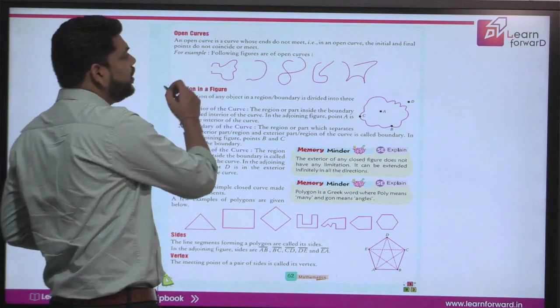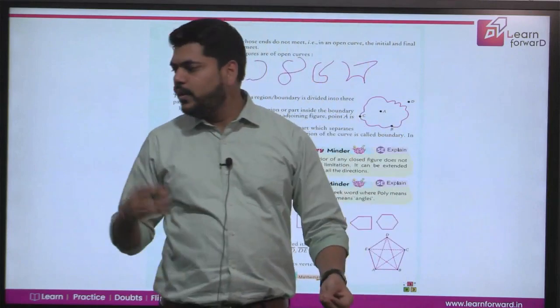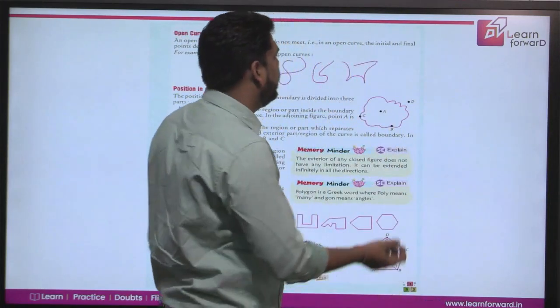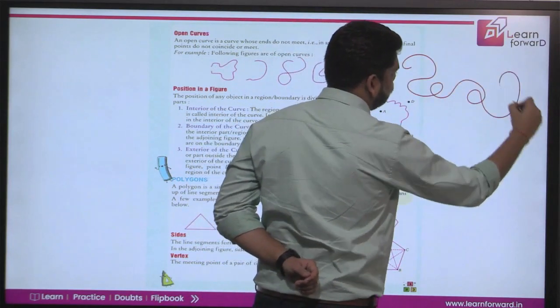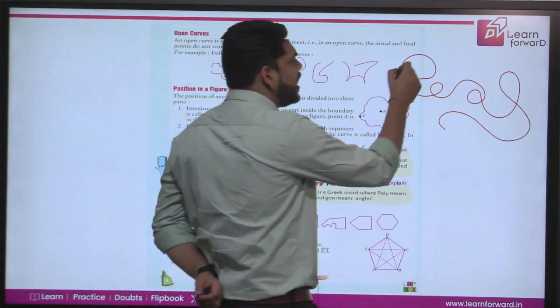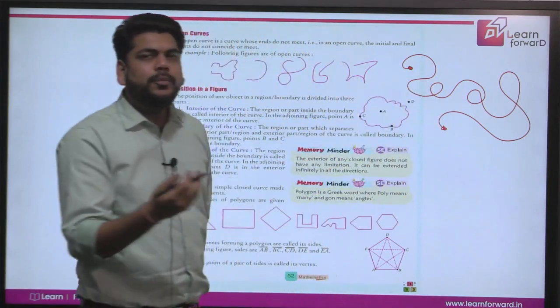What is an open curve? When the starting and ending points are different, we call it an open curve. I have drawn a random curve. Its starting point is this, ending point is this. Imagine it to be a thread.